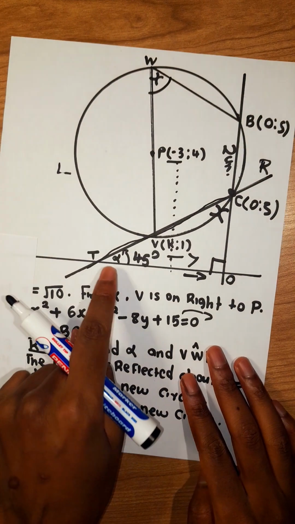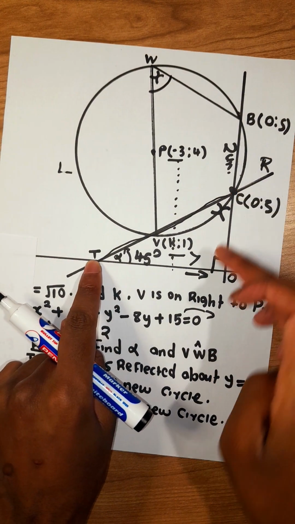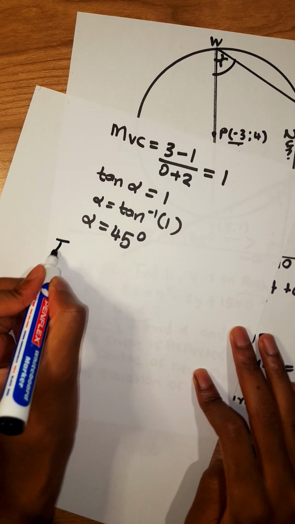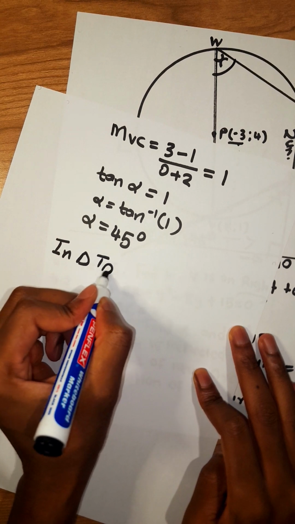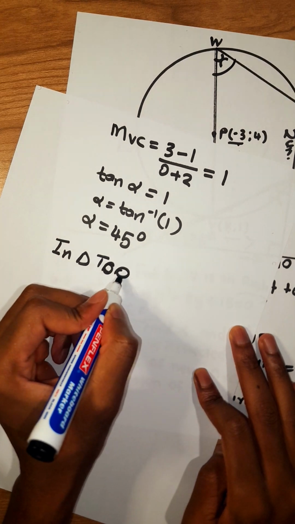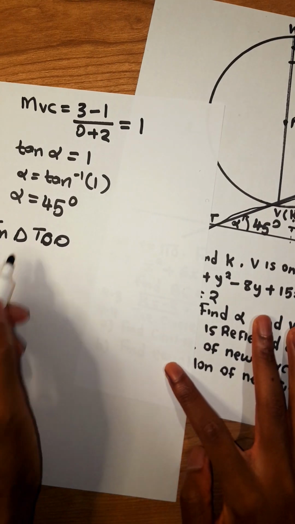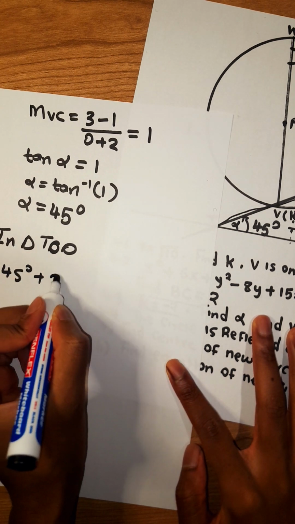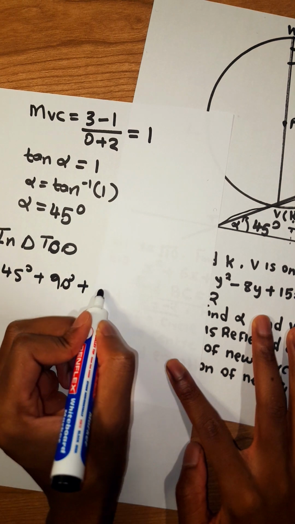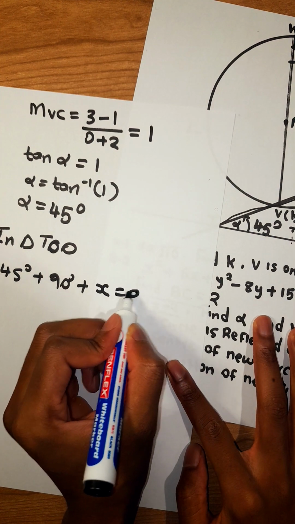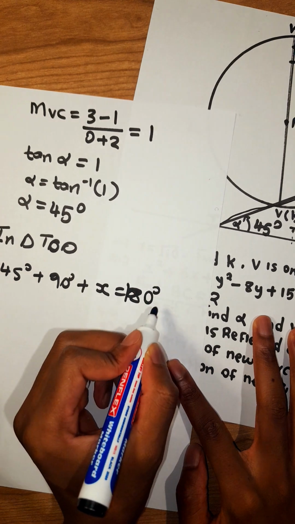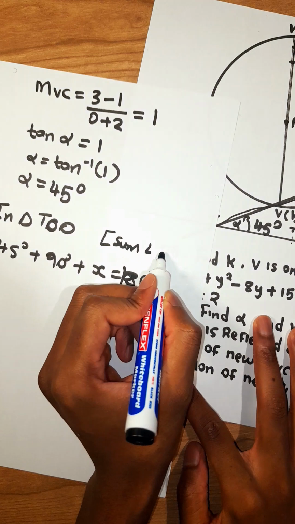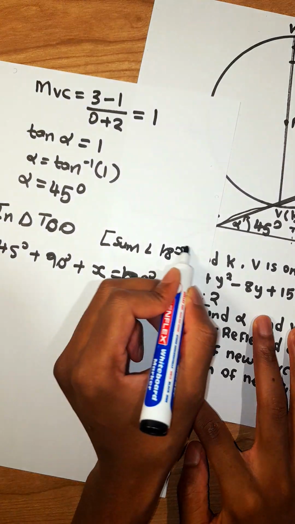Well, we're already on triangle TCO, right? So in triangle TCO, that is actually a right-angled triangle. We know that if we add 45 degrees, 90 degrees, and x, this is going to give us 180 degrees. And the reason for that is because the sum of angles of a triangle is 180 degrees.